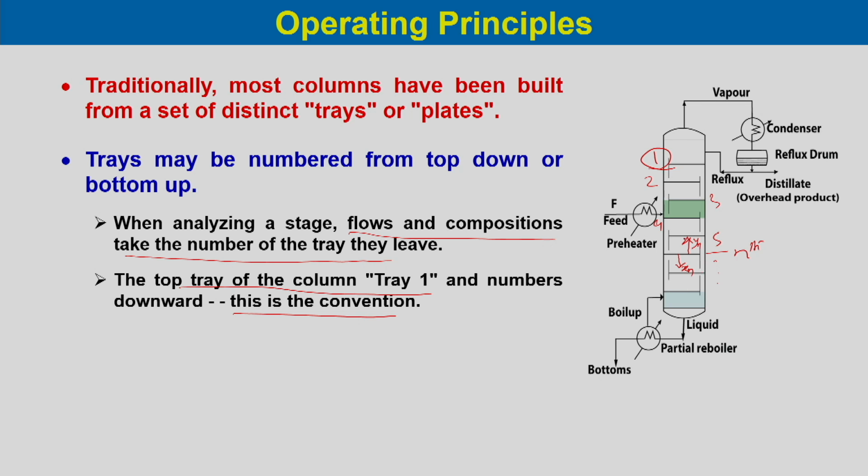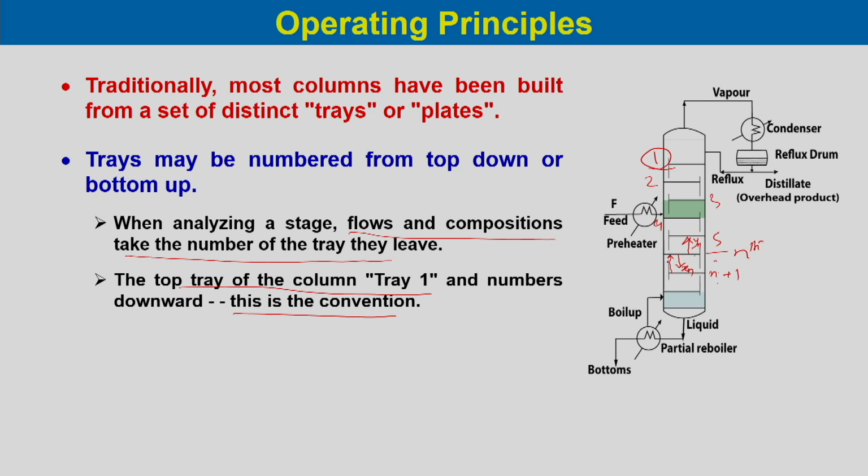So, the component composition takes this number, and similarly the streams coming into this tray, say if we numbered from top to bottom, this will be the n plus 1th tray, and from here the vapor will go to the nth tray.